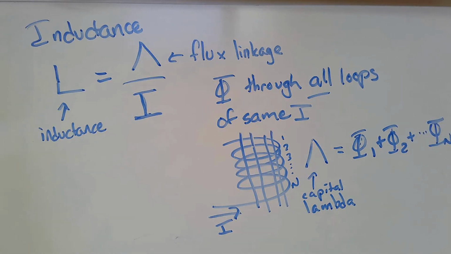So that's flux linkage, because those n loops of current are all linked by the same lines of magnetic flux here.